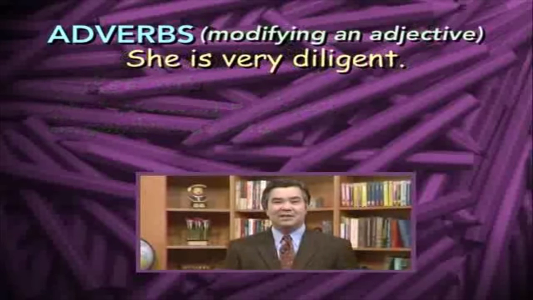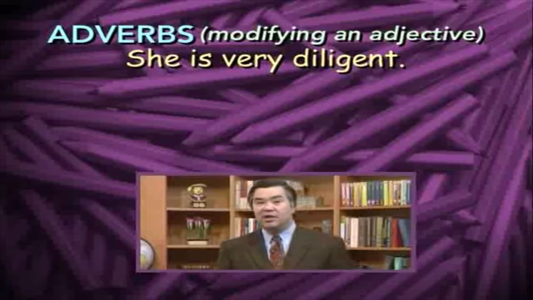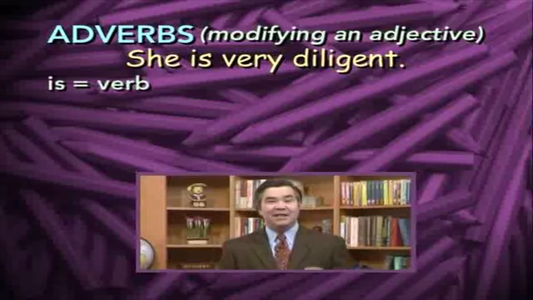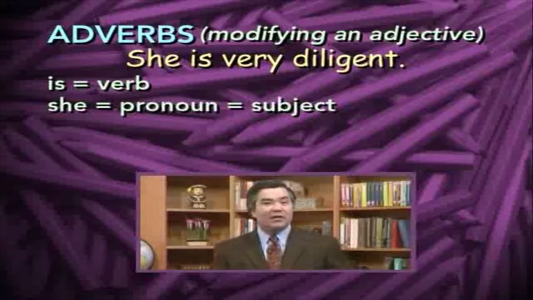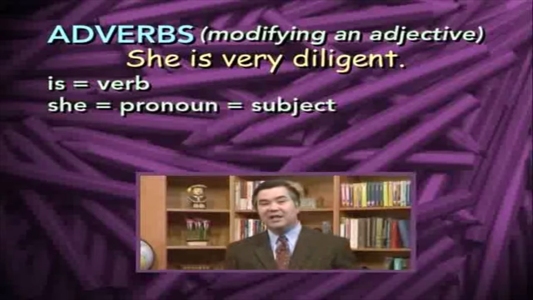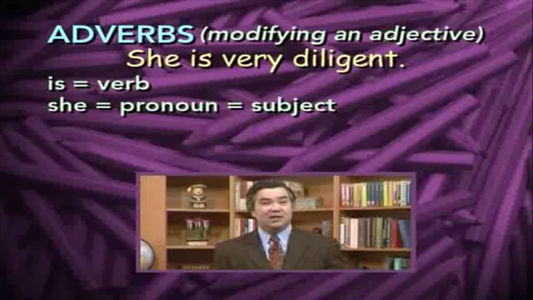Here's another sentence: she is very diligent. Here we have a sentence with a slightly different structure. The verb in this sentence is. The subject is the pronoun she. Now, the difference between the verb is and the verb works is the following. Works is an action verb. An action verb describes something that the subject does. Is is a linking verb.